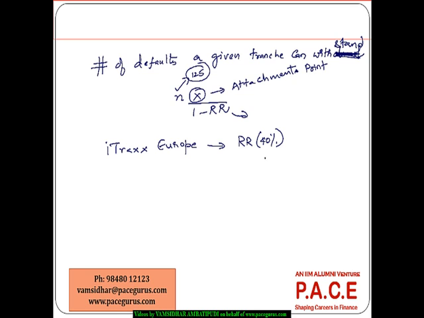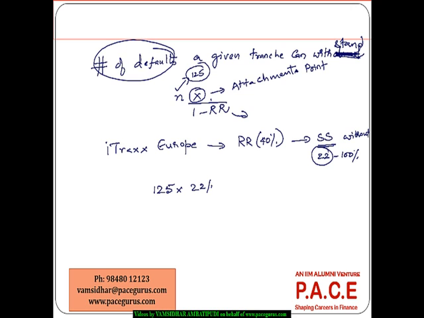So how much can a super senior tranche withstand? And let me define the super senior tranche as, let's say, anything between 22 to 100%. In that case, the maximum number of defaults that this tranche can withstand: n is 125, x the attachment point, the starting point of that particular tranche, 22%, divided by 1 minus the recovery rate.